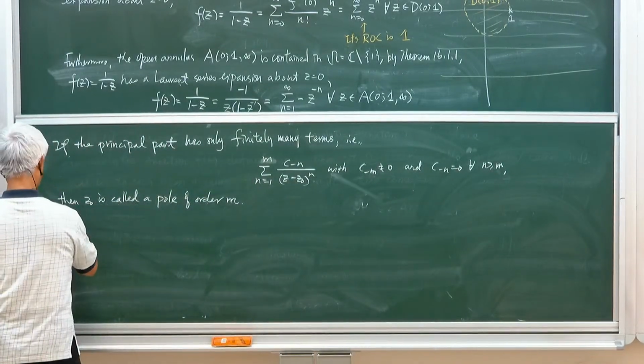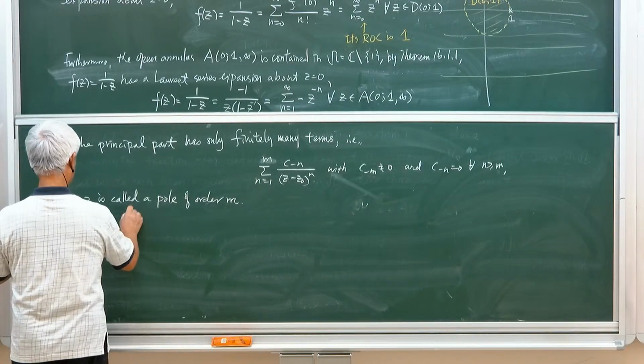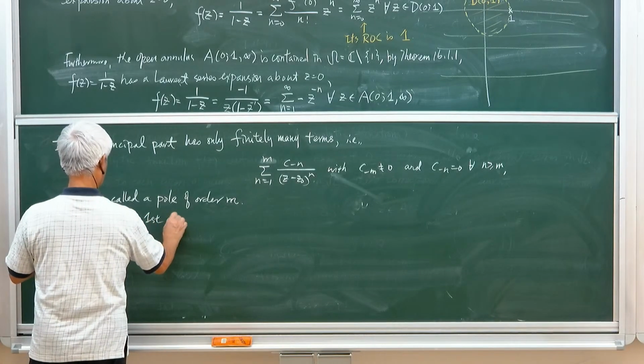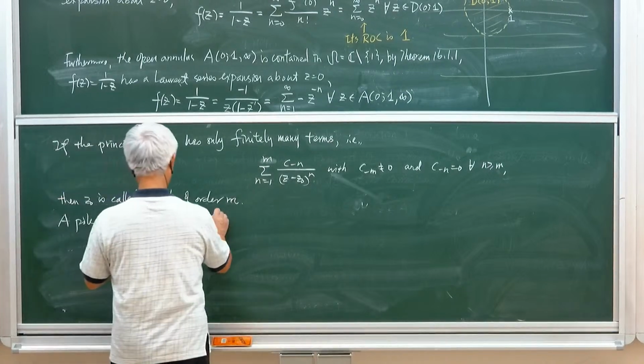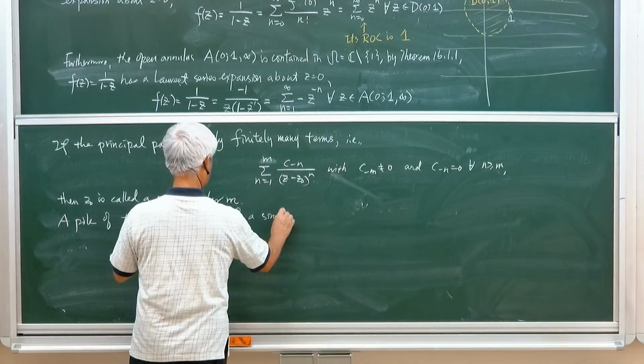And a pole of the first order is called a simple pole.